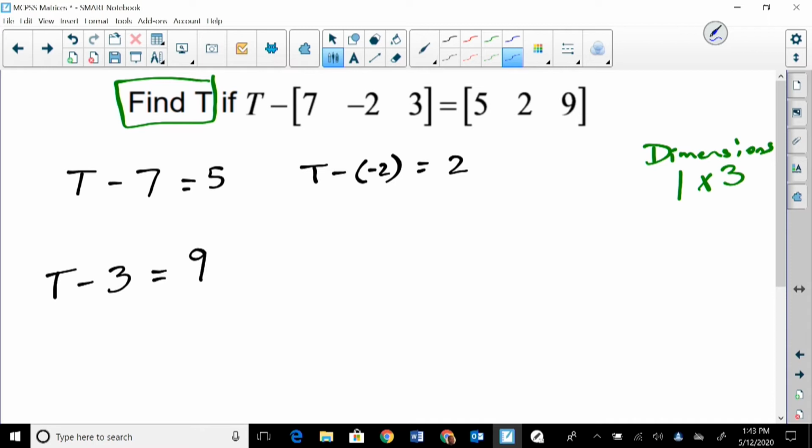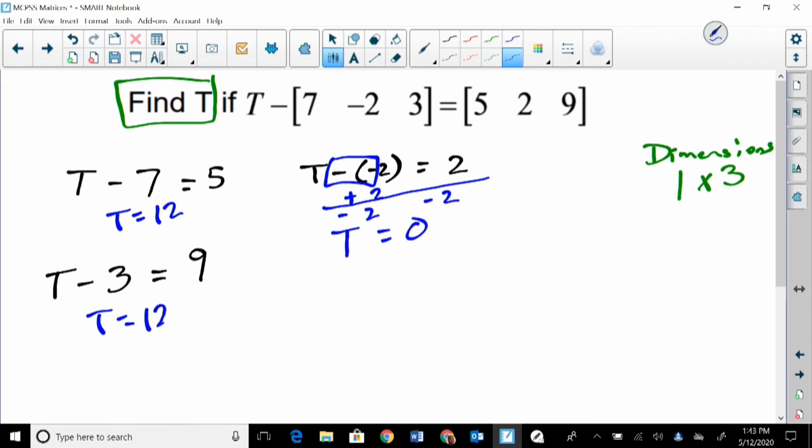Add 7 to both sides, and t equals 12 here. That's like plus 2, so you'll subtract 2 from both sides. So t equals 0. Add 3 to both sides.